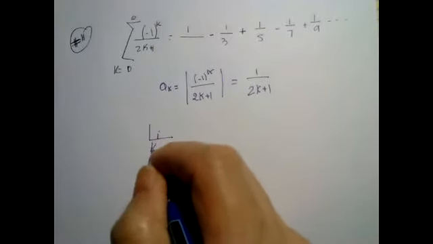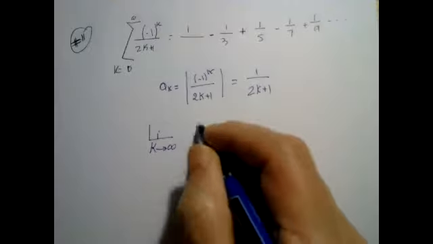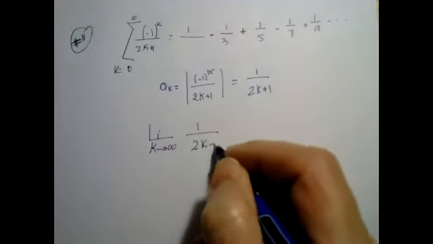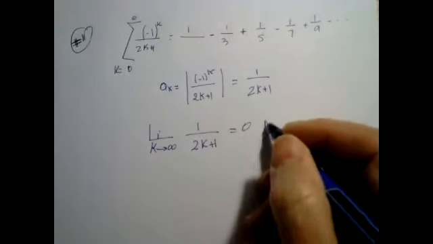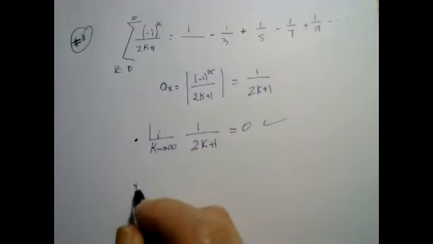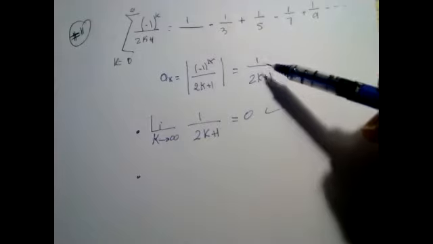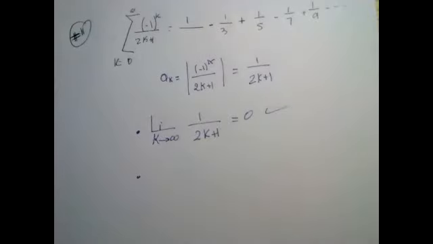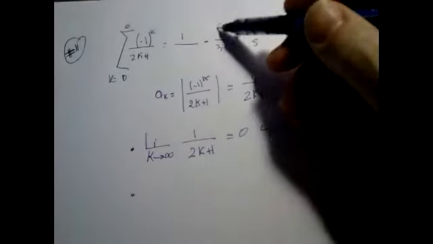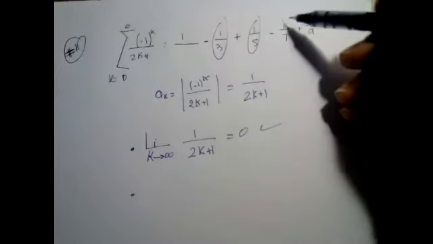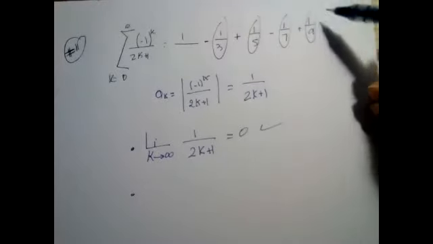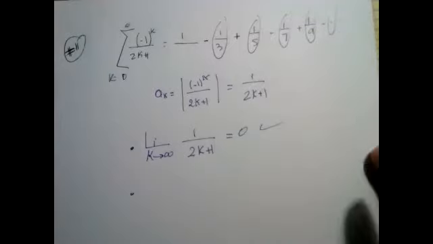First, the limit of the ak is equal to 0. So the first condition is satisfied, but we need two of them. We need to make sure that the sequence of the ak is decreasing. Basically, I want to make sure that those individual terms decrease when k increases.